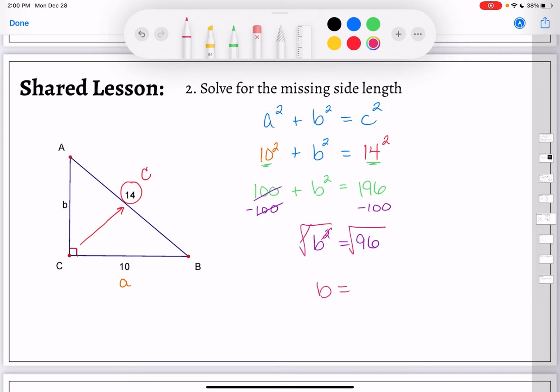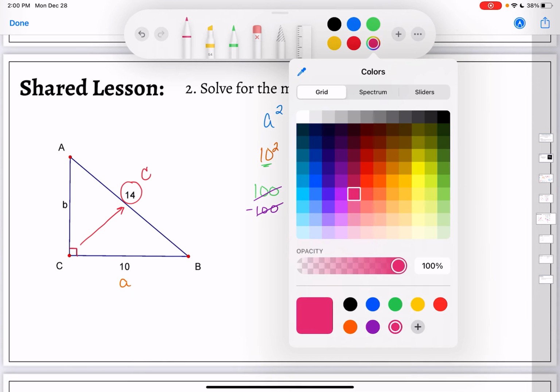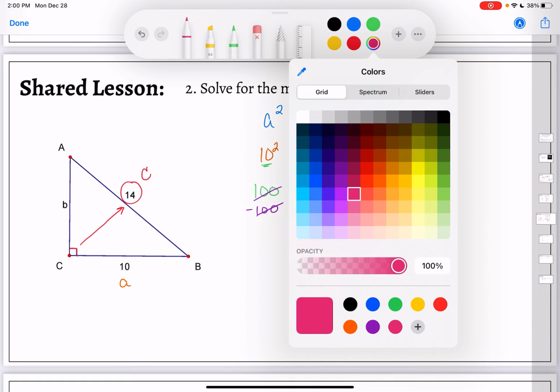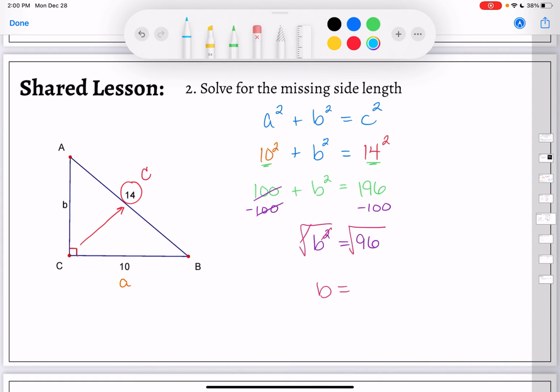Squared and square root cancel out, so I'll get just plain old B. But now I have the square root of 96. Now that's not a perfect square, right? So I have to see if I can simplify the square root of 96. That would be 3 times 32. Maybe I would have a 16. How about 4?